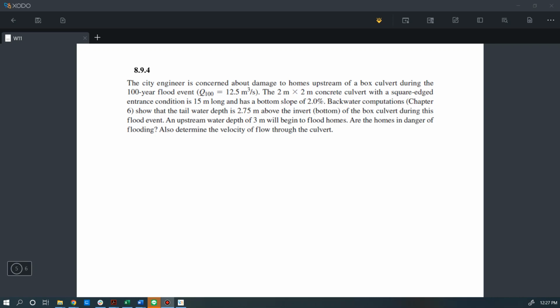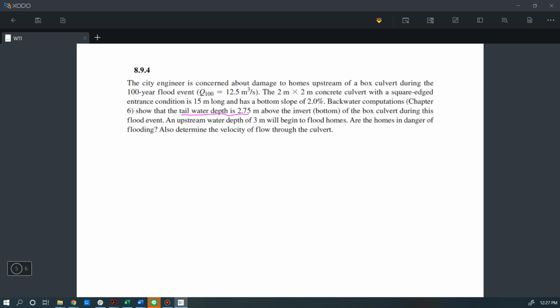We also have a square concrete culvert with a length of 15 meters and a bottom slope of 2%. From the backwater computation, we know that the tailwater depth is 2.75 meters above the invert of the box culvert during this flood event.